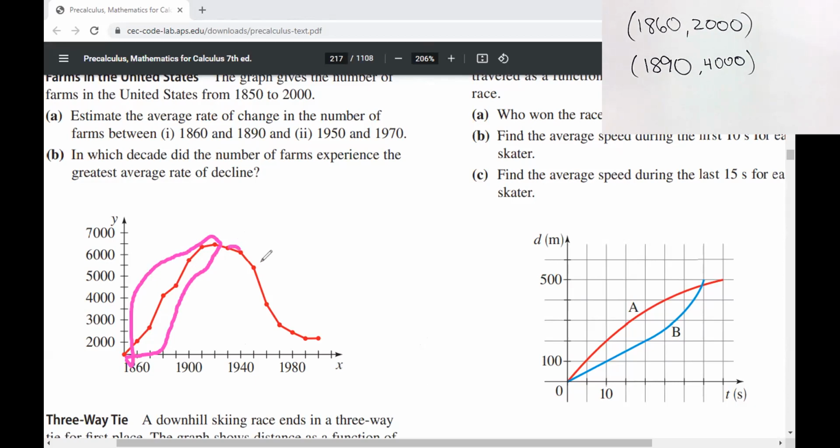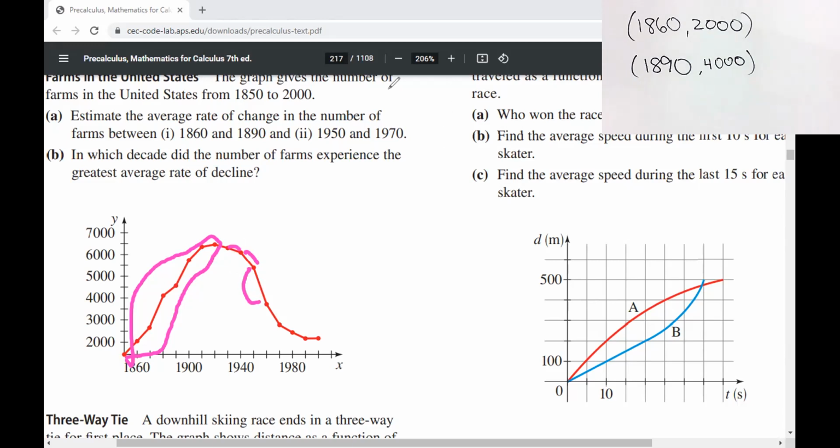So let's go with this. This is kind of steep. This is a little steeper. And then there's a big drop from here to here, right? And it kind of levels off, levels off, levels off, right? So it has to be this one that goes from 1950 to 1960, right?